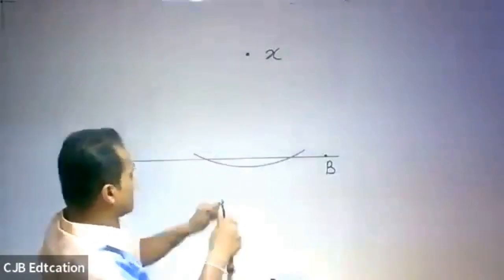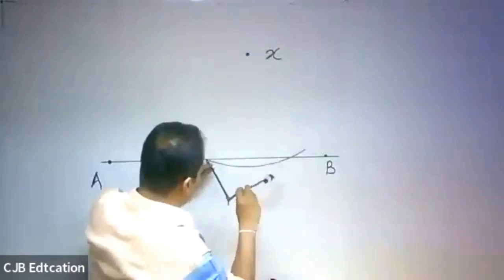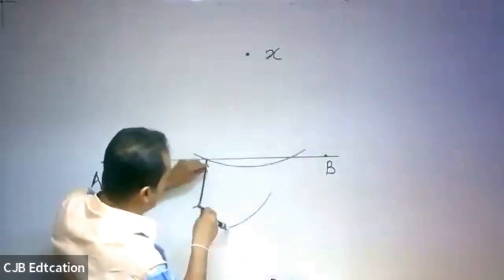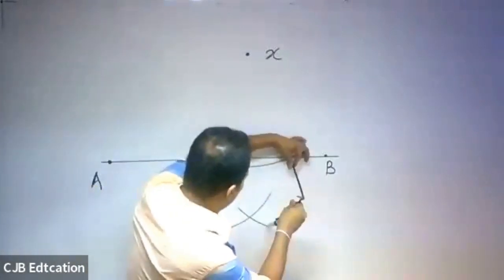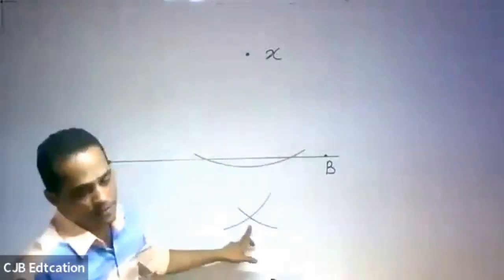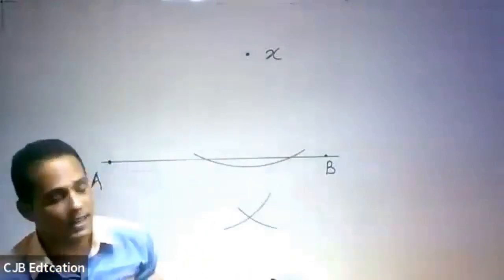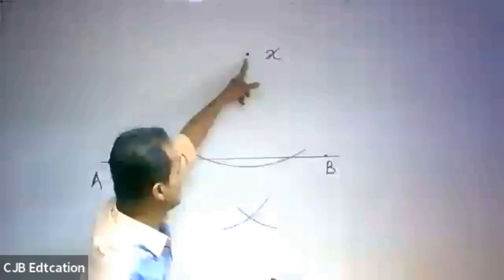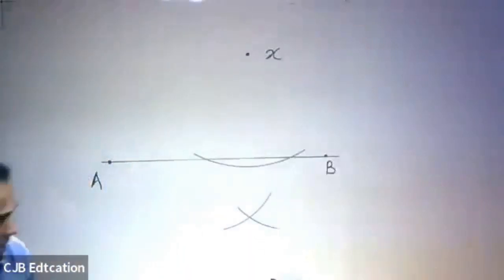Then we take another distance with the compass and put another two arcs, each on each, in this way from these intersections on the AB straight line. Then we can connect this point X to this arc intersection. Right, now we can connect it.